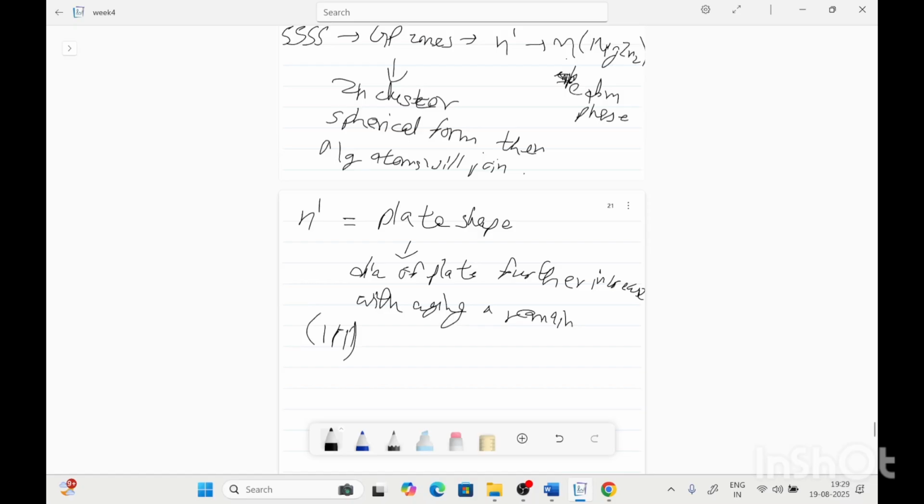That's why the diameter of the plates is increasing, but the thickness is not increasing. So the 111 planes are the most favorable for the eta prime precipitate.